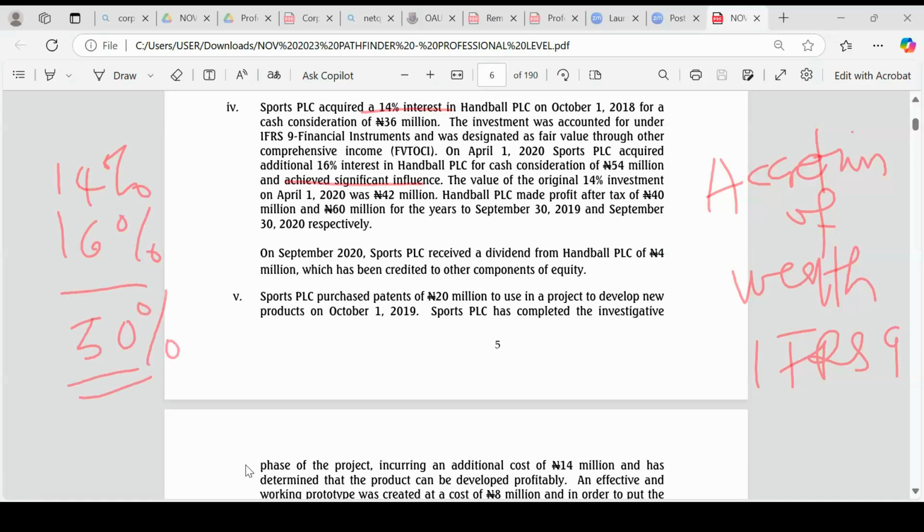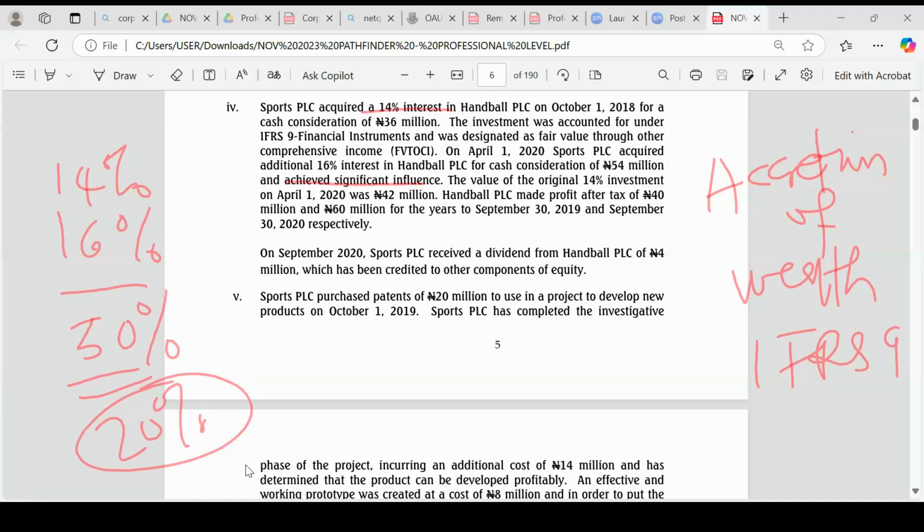They have crossed the 20% mark, and the examiner has told you, I think it was in this class I mentioned it, at times the examiner will intentionally tell you not to treat it as an associate. So look out for that. But if they did not mention it at all, immediately you pass the 20% mark, treat it as investment in associate.